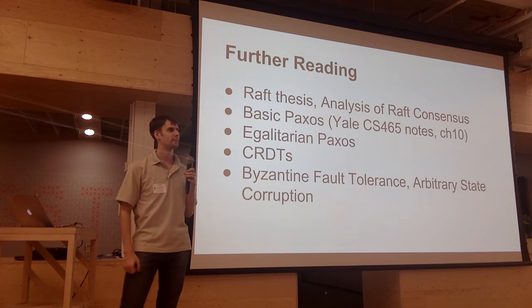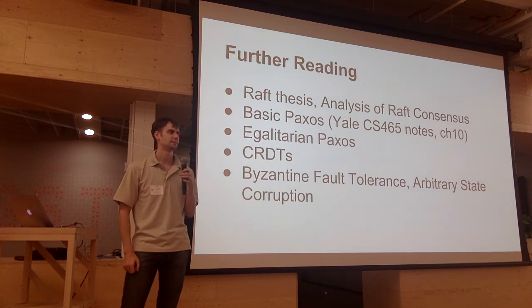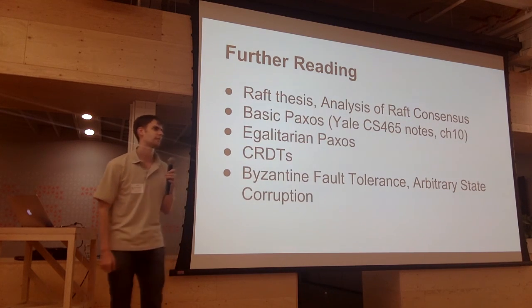Yep. If you were to implement this, is there an exhaustive list of pathological failures that you test against? A list of pathological failures? Like most of the examples that you showed where certain nodes fail at different points in leader elections? Yeah.